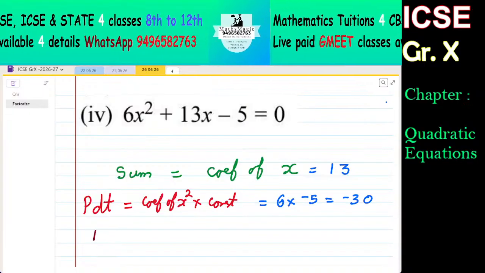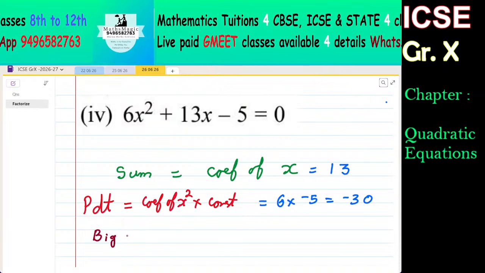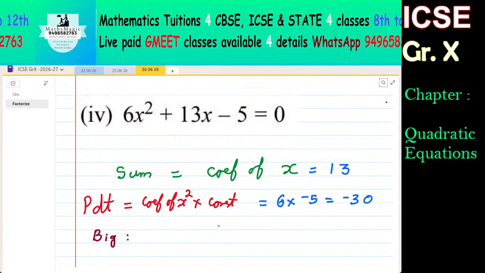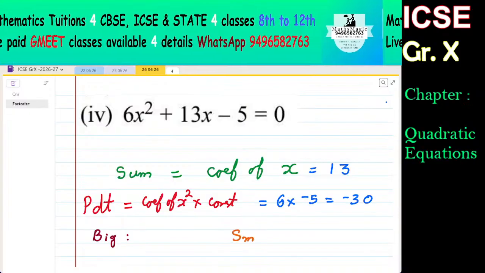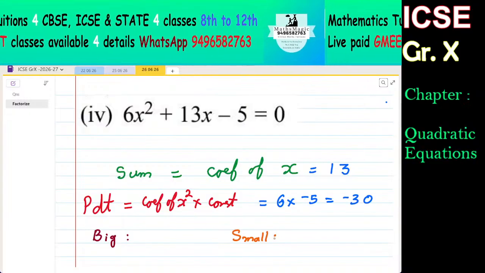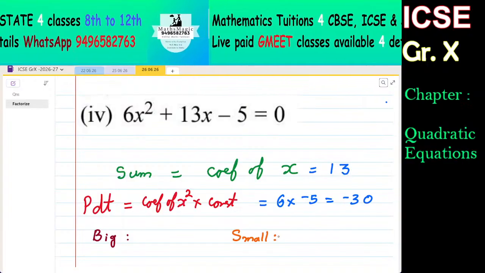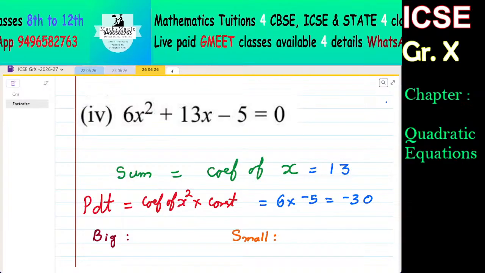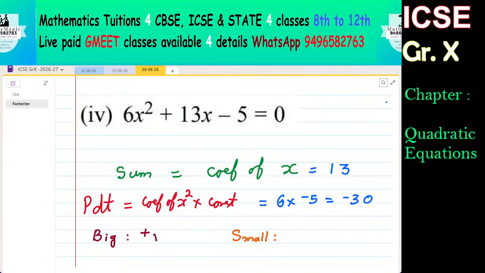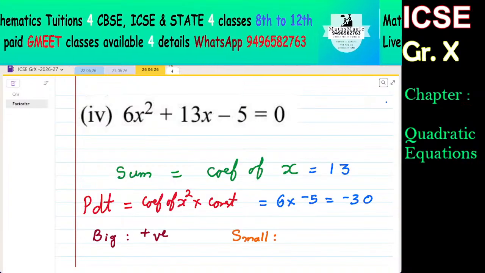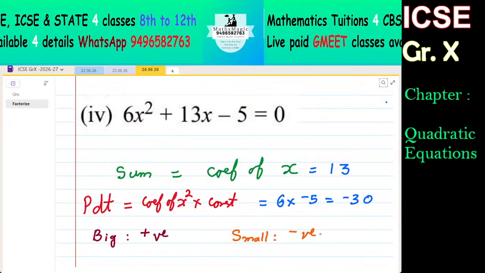So in that case, we'll be having two numbers. One can be considered as big and the other as small. And what we have just discussed, if the sum is positive, then the bigger one should be positive and the smaller number should be negative.